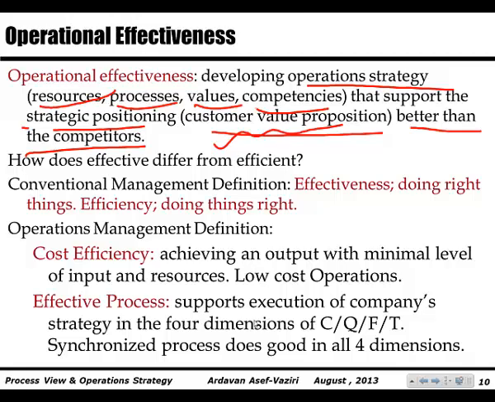If the processes, the resources, the value system, the competencies are synchronized and support customer value proposition, then we are effective. To make it simpler, we are efficient if we are doing well in the cost dimension. We are effective if we are doing well in all four dimensions.